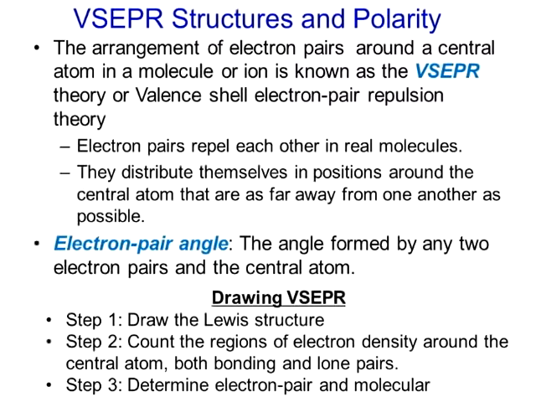Okay? So the first thing we really do is we draw a Lewis structure. So we're back to drawing Lewis structures. So you want to get good at drawing Lewis structures. Okay? The second thing is we count the regions of electron density around the central atom, both bonding and lone pair, and that is so important. Oftentimes, students overlook the lone pair. So essentially, you want to look at the central atom and decide what fixtures are around that central atom.